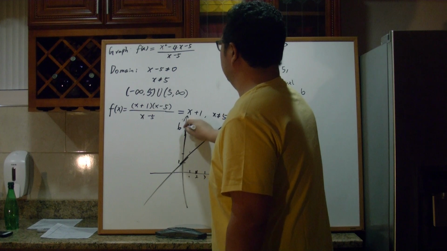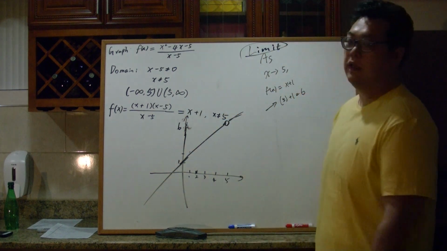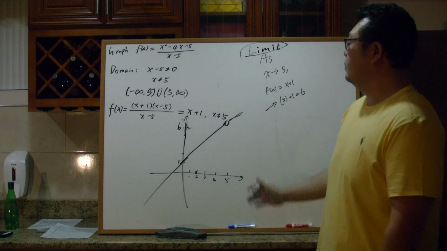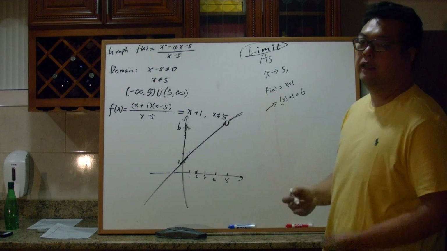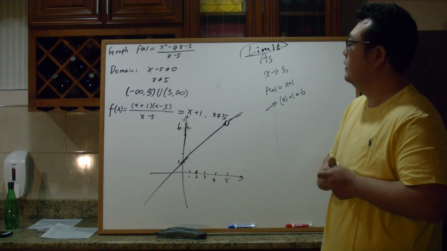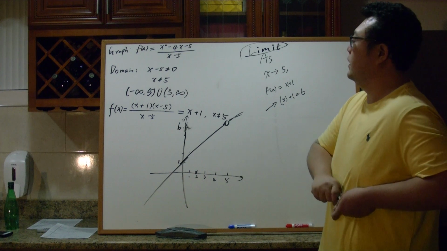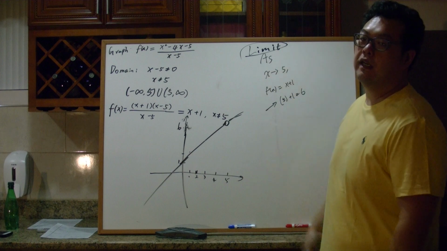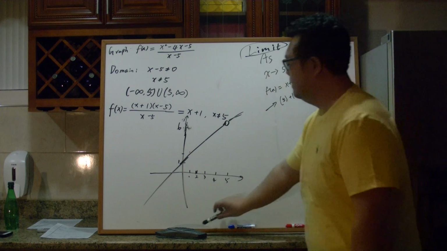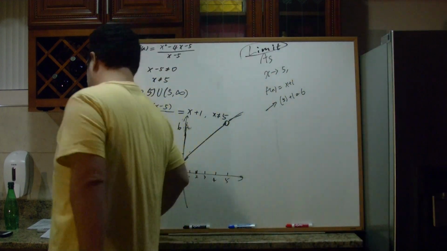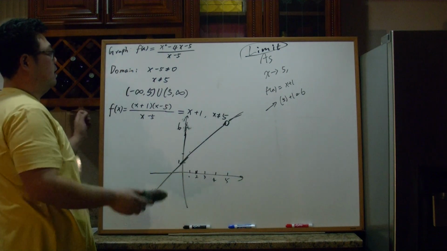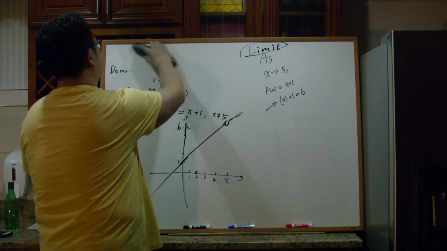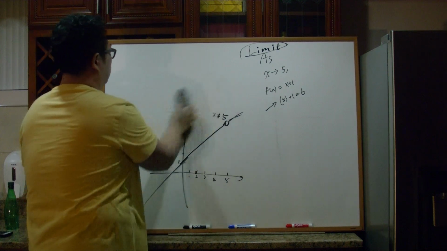Since the function is defined as x plus 1 after simplifying, even though it's not defined at that point, it can approach this value, and this idea is called the limit. So that's the graph of rational functions we discussed.